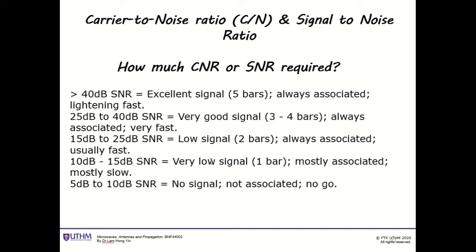So if you look at your handphone, if it's 1 bar, it means the signal to noise ratio is really low, around 10 dB to 15 dB.